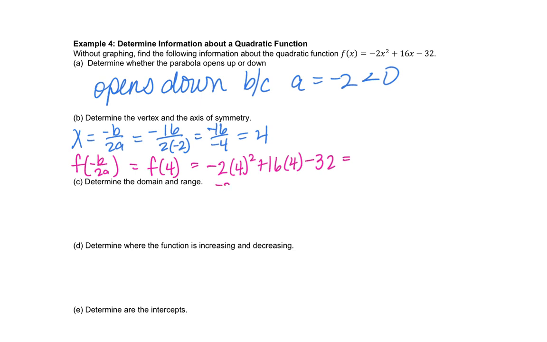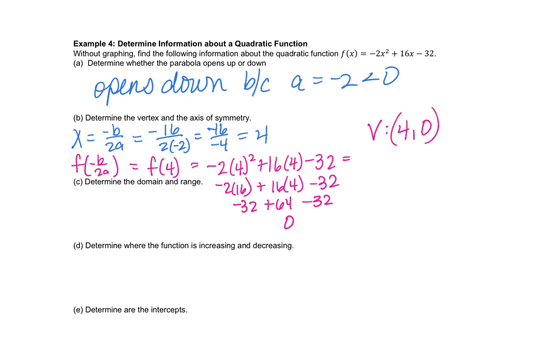So we got -2 times 16 plus 16 times 4 minus 32. -32 plus 64 minus 32. Well, -32 and -32 is -64, and -64 plus 64 is 0. So my vertex is 4, 0. My axis of symmetry is x equals 4.